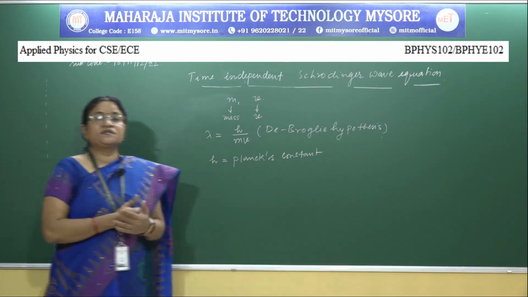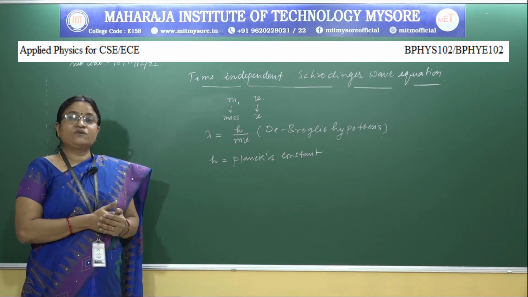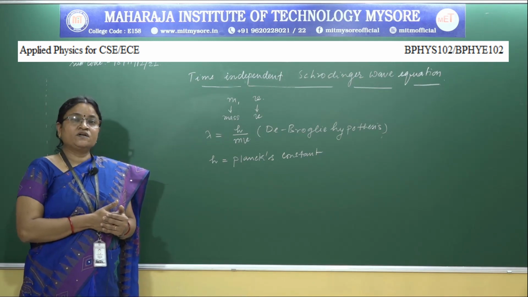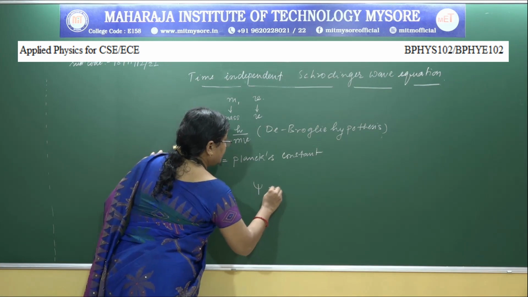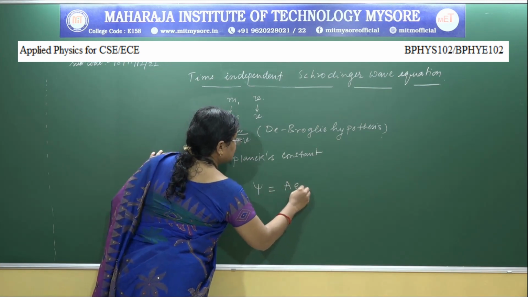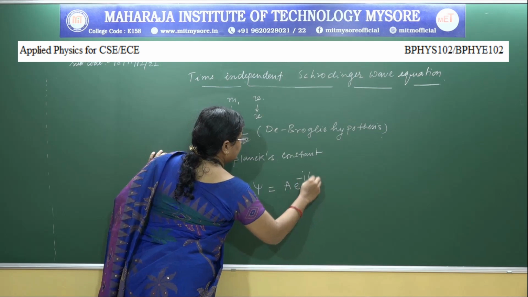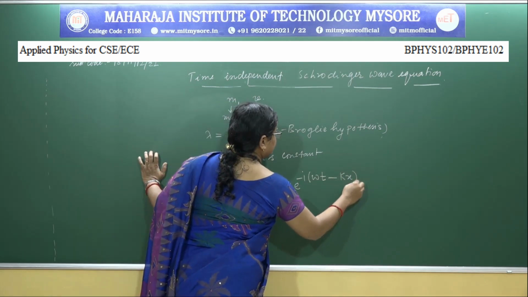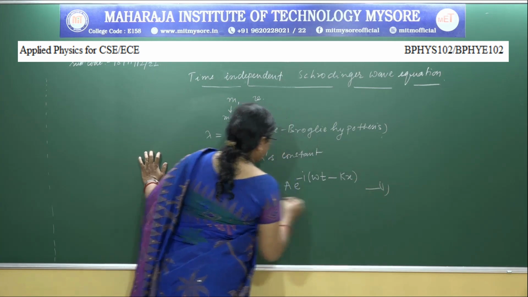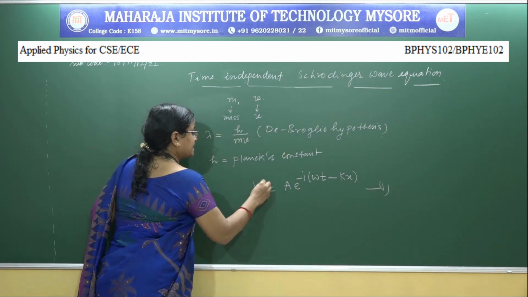I have already explained the wave function, which is given by psi is equal to a exponential of minus i omega t minus kx. Here we are using capital psi.